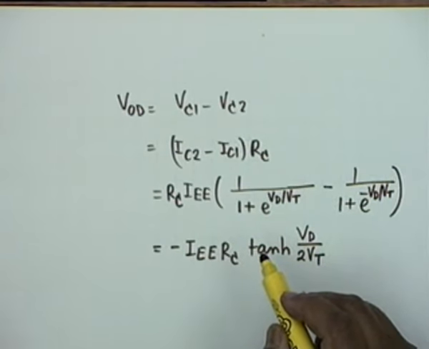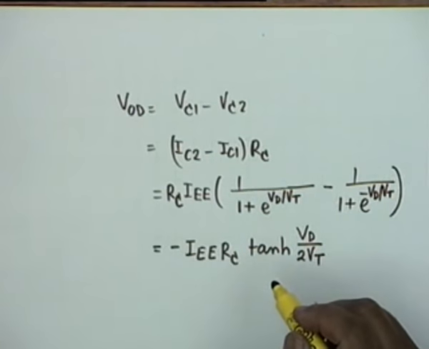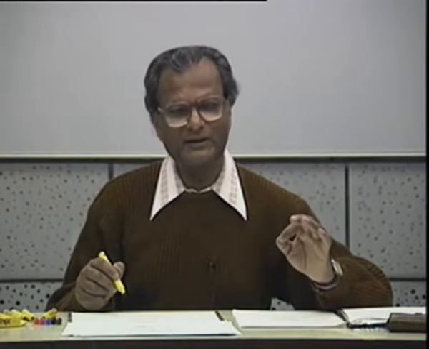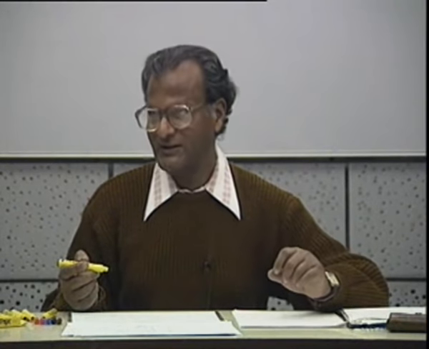The definition of tangent hyperbolic is sine hyperbolic divided by cosine hyperbolic, and sinh is e to the x minus e to the minus x divided by 2, and cosh is e to the x plus e to the minus x by 2.